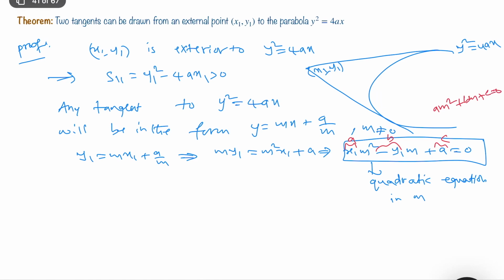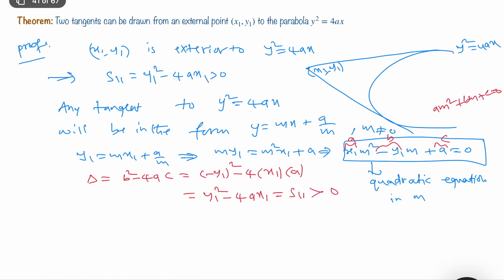The discriminant delta is going to be b square minus 4ac, which means minus y1 whole square minus 4 x1 a. So we got y1 square minus 4ax1, which is equal to s11. We know this is positive. Here the discriminant is positive, so this quadratic equation in m will have two distinct real roots.